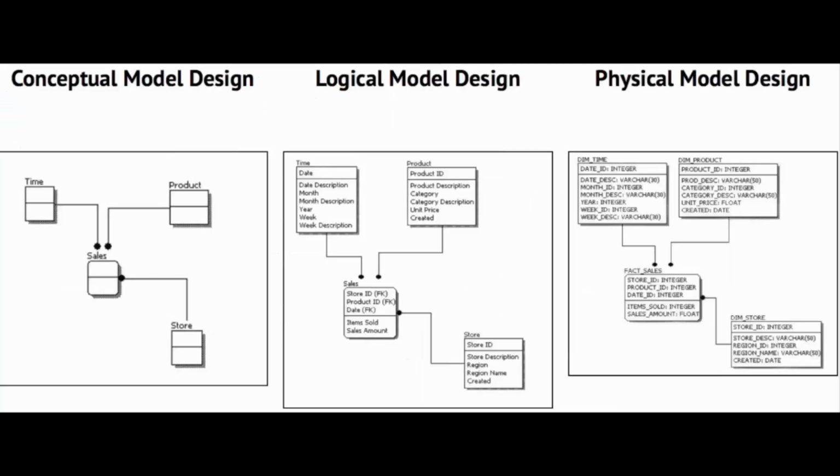The next thing that we want to discuss is database models. There are 3 types of database models. Here are conceptual, logical, and physical database model. First of all, I'm going to explain the difference between conceptual, logical, and physical.